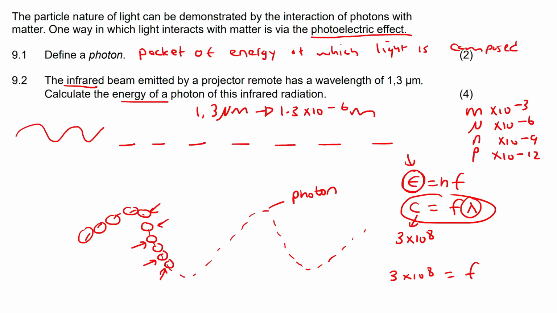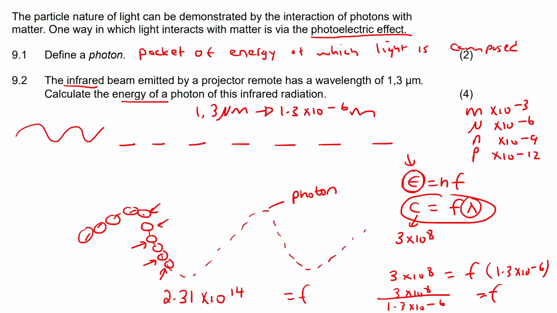And so we just leave it like that. And then we can put here 1.3 times 10 to the minus 6. Okay, to get f alone, you're going to say 3 times 10 to the 8 divided by 1.3 times 10 to the minus 6. And if you work that out, you should get 2.31 times 10 to the 14. And that's always measured in hertz.